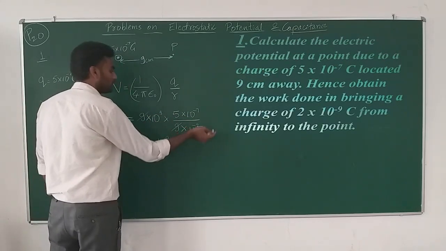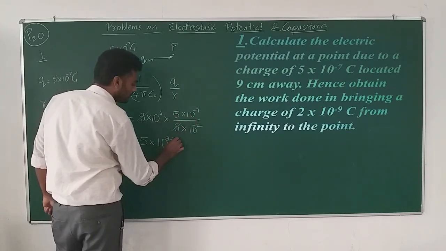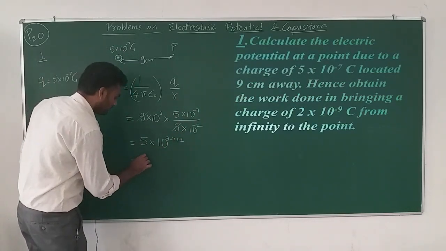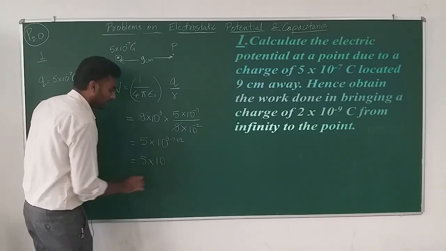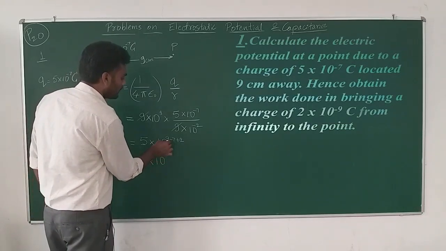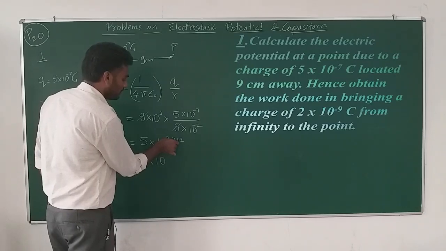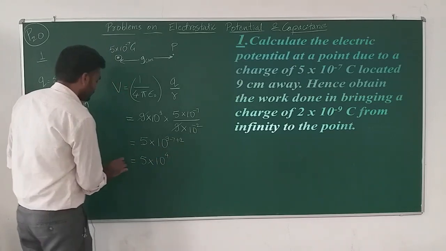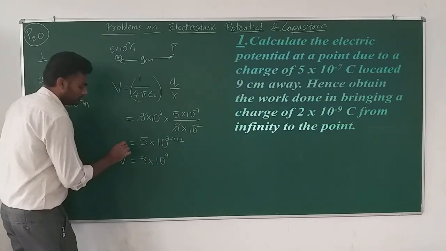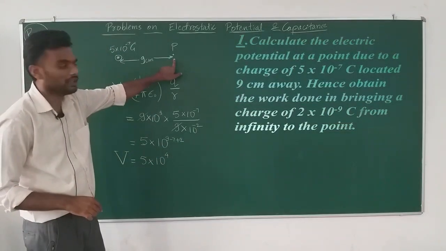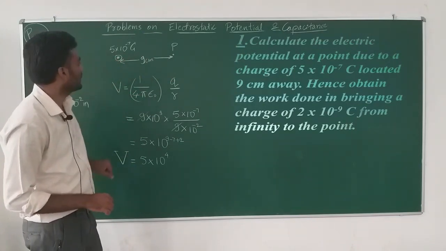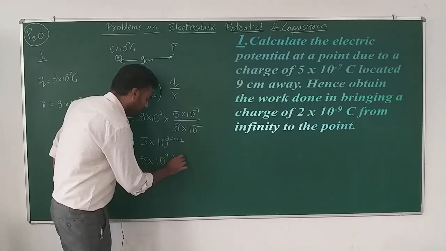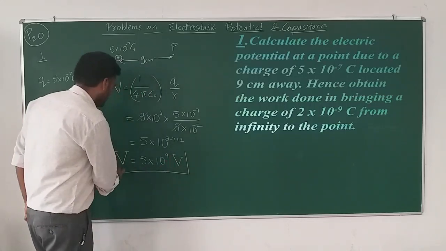Look at this, minus 2 comes to the numerator, becomes plus 2. Following? So together it is 5 into 10 to the power of, 9 minus 7 is 2, 2 plus 2 is 4. So the potential at this point P due to this charge 5 into 10 to the power of minus 7 coulomb is 5 into 10 to the power of 4 volt.